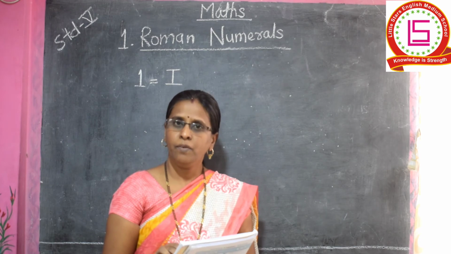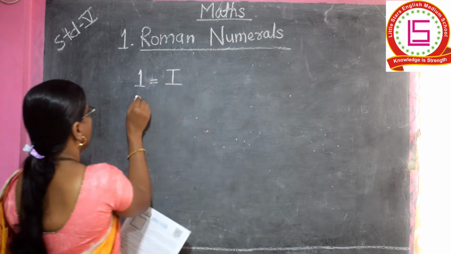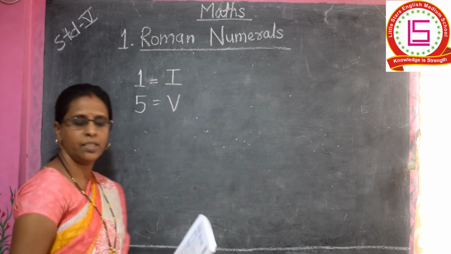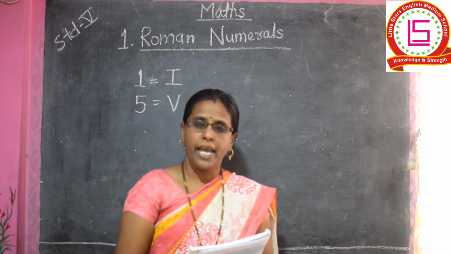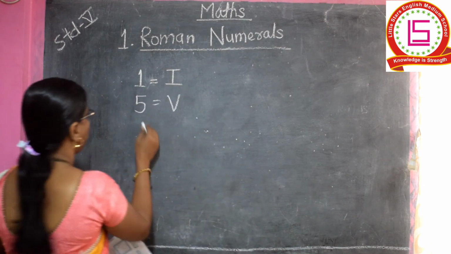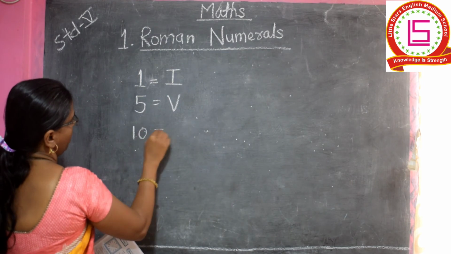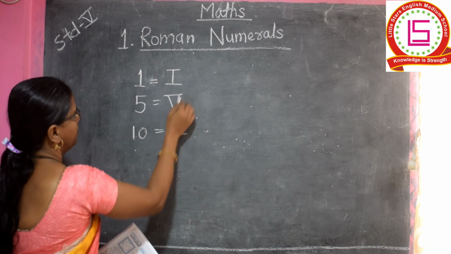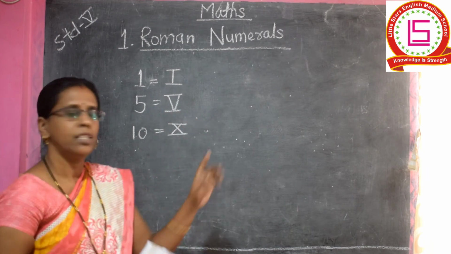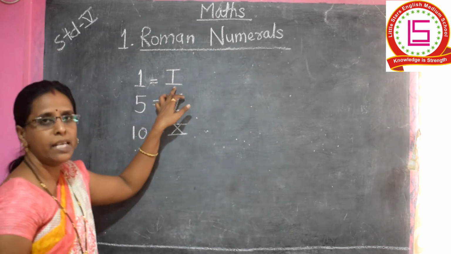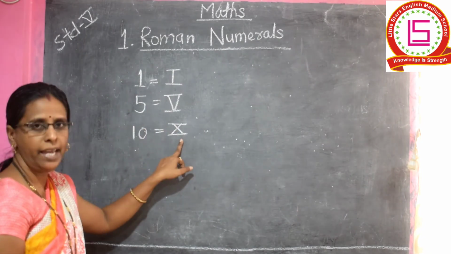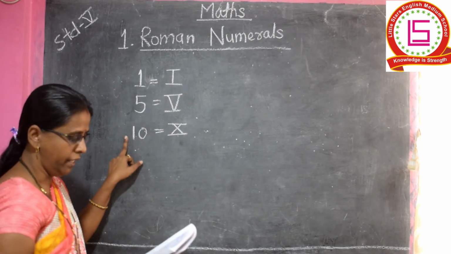V for 5. And X for 10. See here, in Roman numerals, I represents 1, V is equal to 5, X is equal to 10.